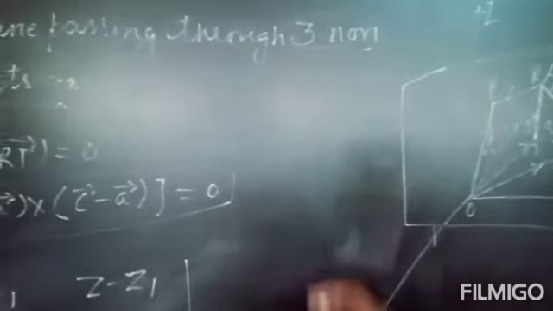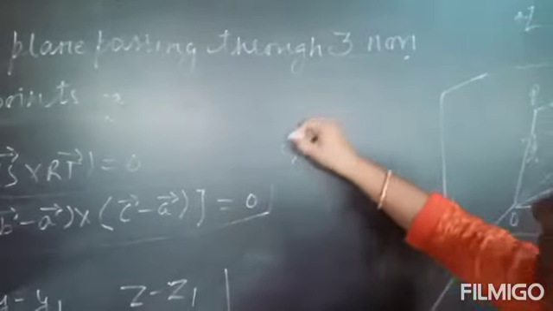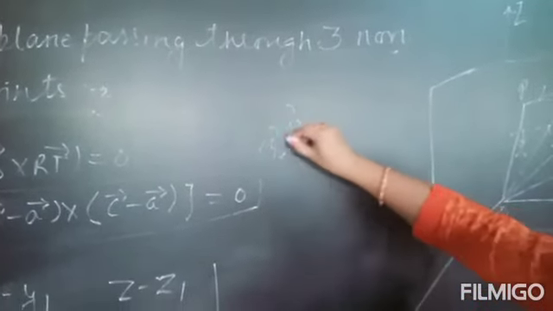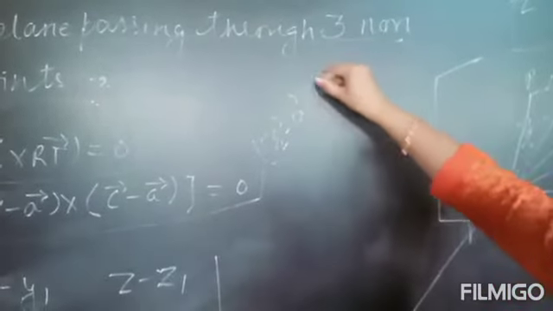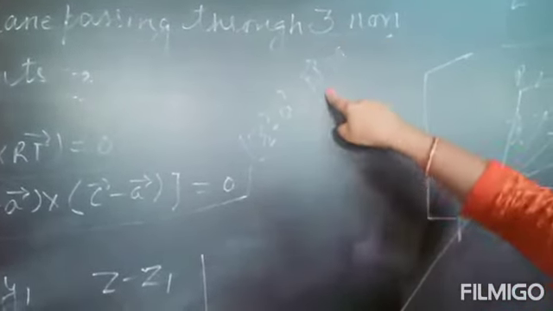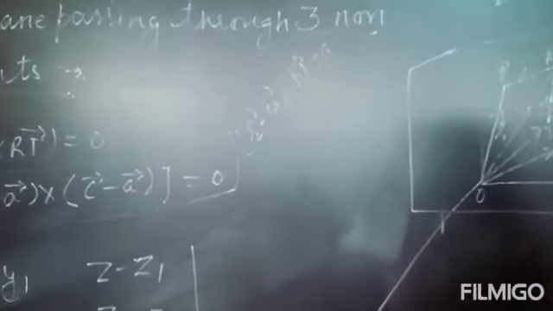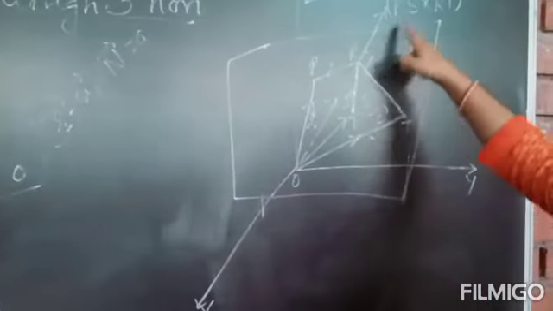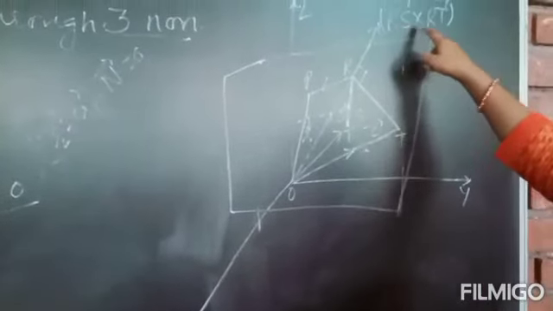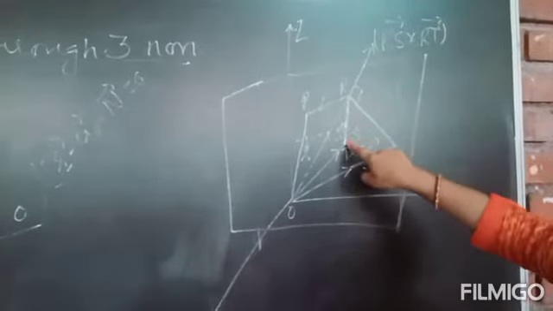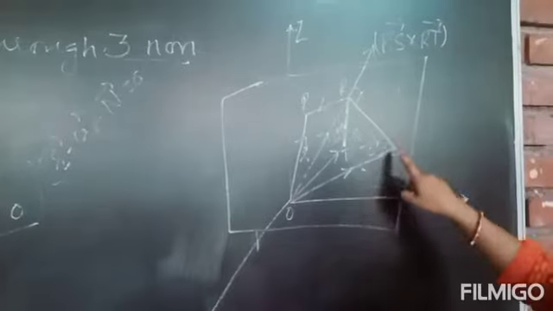In the previous equation we have seen (r minus a vector) dot n vector is equal to 0, where n was the perpendicular. Here the perpendicular will be RS vector cross RT vector.